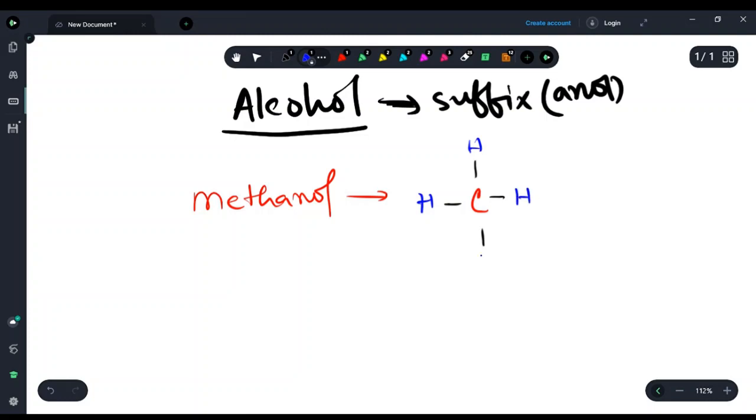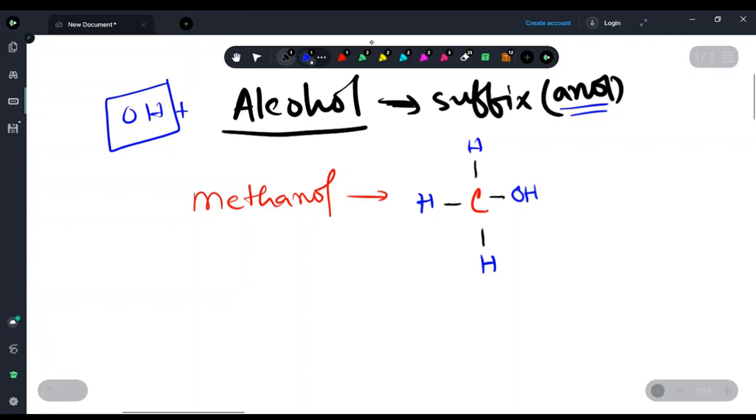So it's methane, simple methane. But when there is methanol, one hydrogen will vanish, and we will add hydroxide OH, because alcohol has the suffix anol, and it should have OH. So for methanol this will be that.